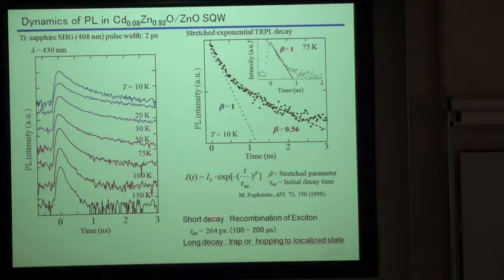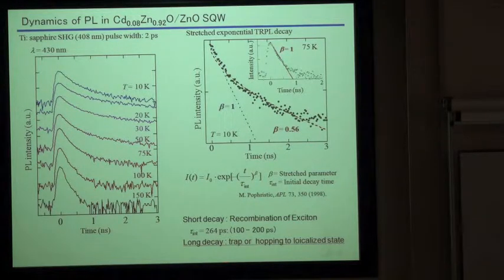There is a short decay, this line, and a relatively long-lifetime decay like this. The short decay suggests recombination of the exciton inside these materials, and the long-lifetime region suggests a trap to the ionized state or hopping to the ionized state. There are two different types.